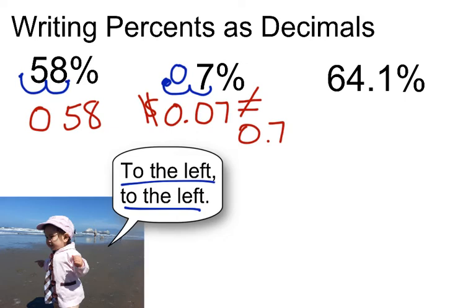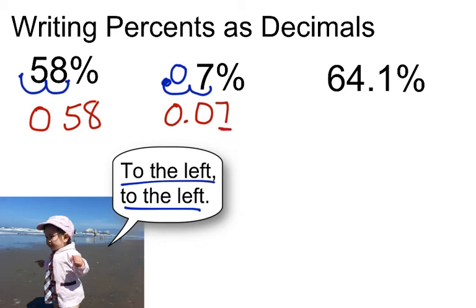Whereas 7/10, or remember we can always add zeros after, would be the same as 70 cents. So these are not equal. Using that analogy of money is usually a really great way of avoiding those common mistakes. So remember, 7%, 7 hundredths.